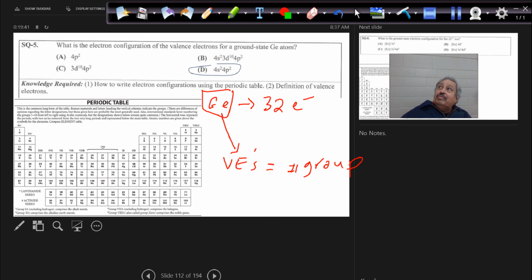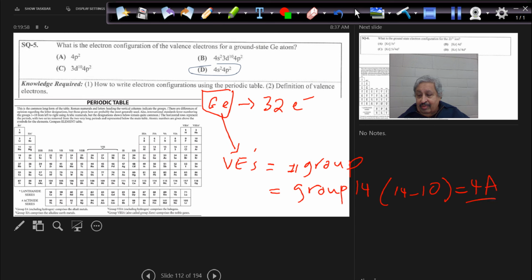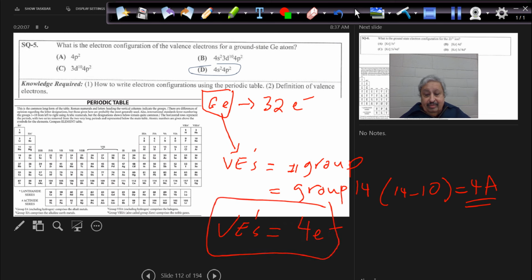So the group of germanium is 4, correct? Or call it group 14, which is 14 minus 10, equal to 4A. So VE is how many then? VE is 4, 4 electrons.